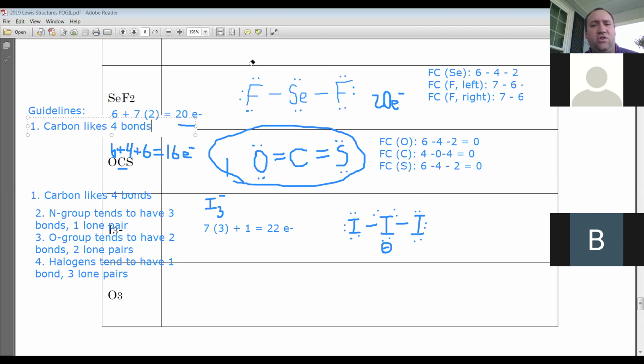The other way to show it is by just bracketing.